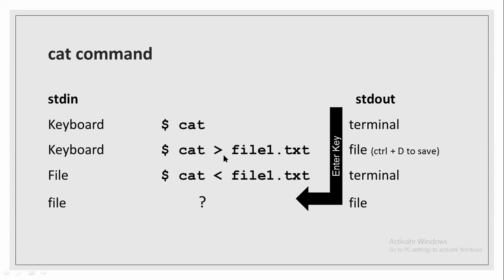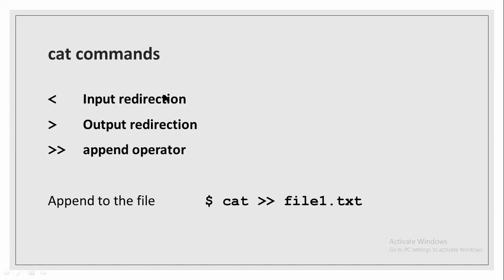So what are the names for these operators? Now you have learned the greater than sign and less than sign, but you shouldn't call them by these names. These are known as redirection operators, and we have special names for them. The less than sign is known as the input redirection operator. The greater than sign is known as the output redirection operator.